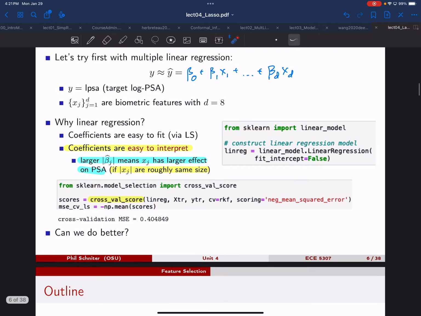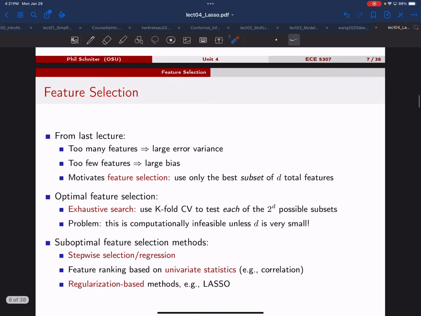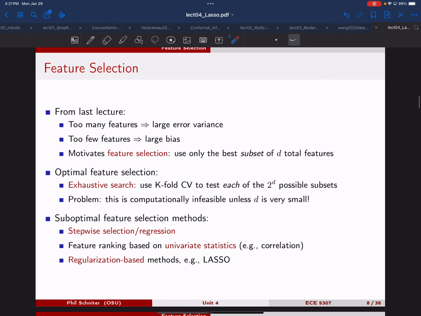Okay, so now let's come to the main topic of this unit, which is feature selection. And now that we learned about the bias variance trade-off, we learned one of the guiding principles of machine learning, which is that if you have too complicated of a model, or in this case, too many features, your performance on test data is compromised by a large error variance.